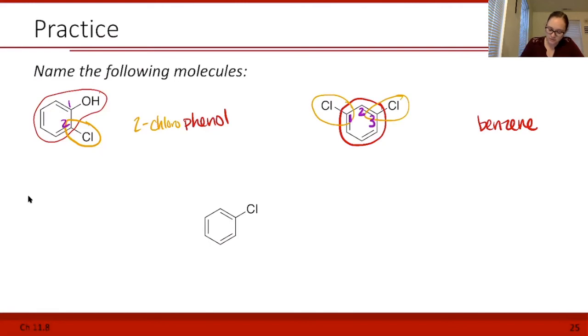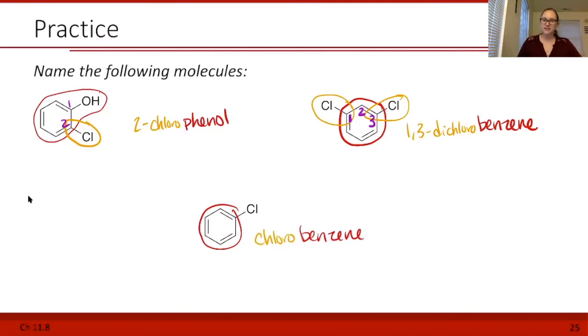So 1,3-dichlorobenzene. And our last one down here is going to have our base of just benzene. And so we're just going to have chlorobenzene. There's only 1 substituent, so we do not need to say exactly where it is because it doesn't matter.